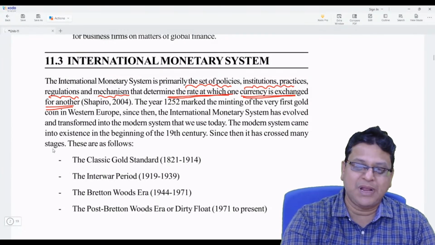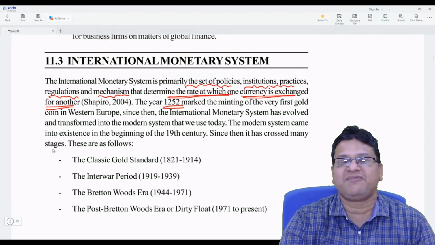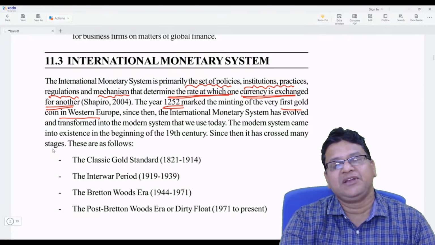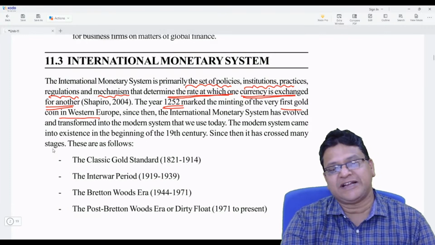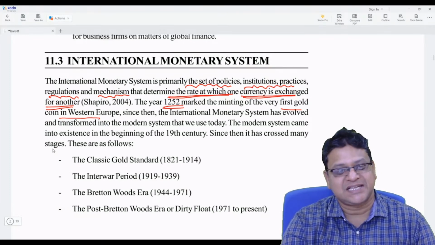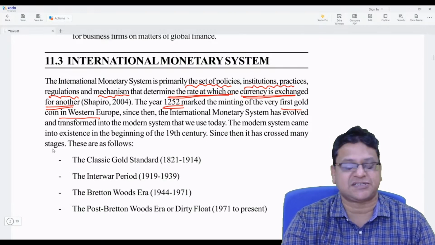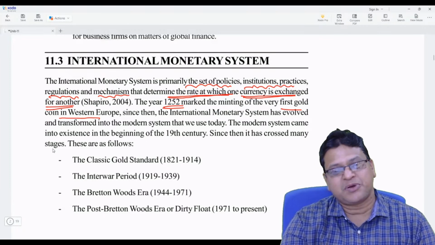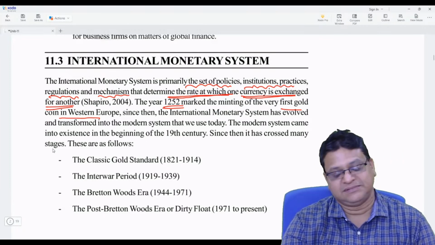Friends, from 1252, where the first gold coin was minted in Western Europe, till date, there have been many changes in the international monetary system. We will study those from 1821.